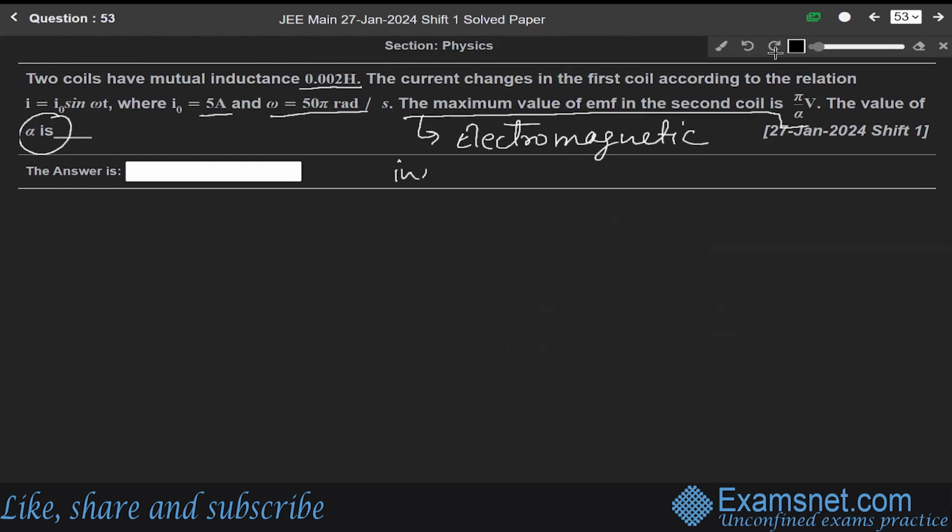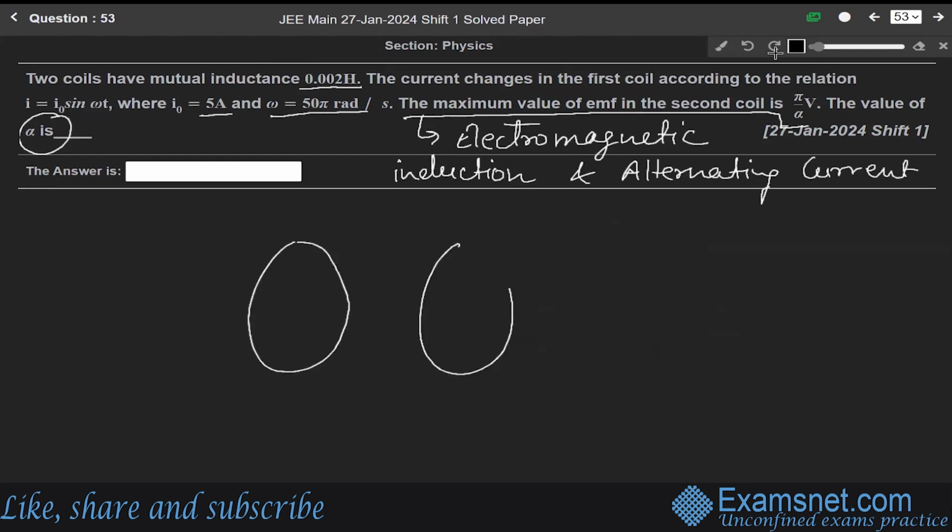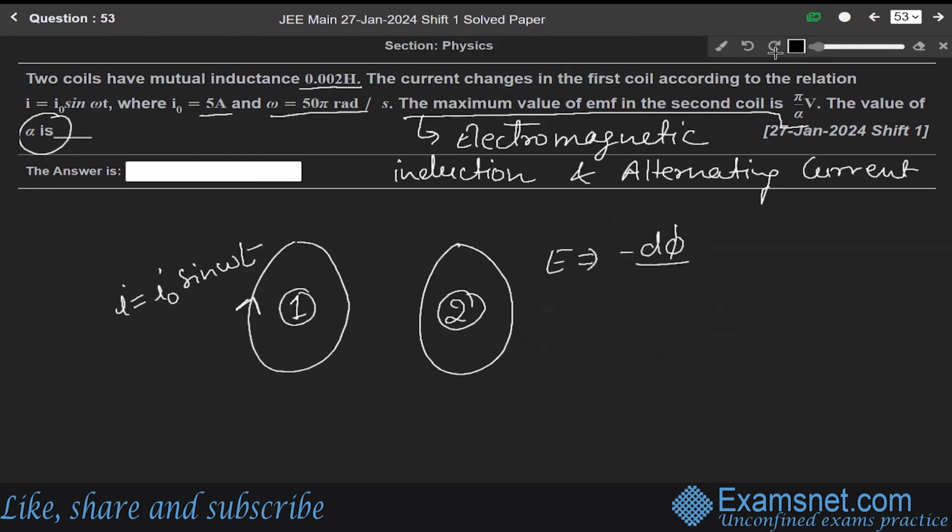This question is from the chapter of electromagnetic induction and alternating current. So according to this question, there are two coils, 1 and 2. Suppose current is flowing in coil 1 and this current equals I naught sine omega t. Due to this current flowing in coil 1, an EMF is generated in coil 2, and this EMF E equals minus del phi over del t.